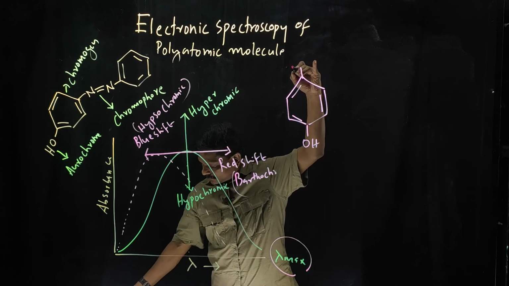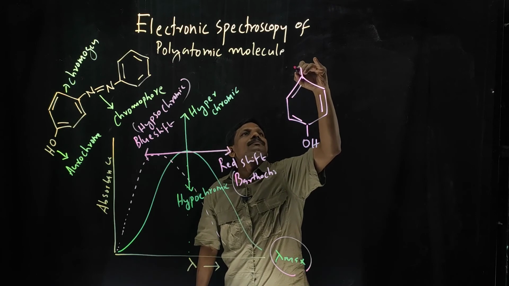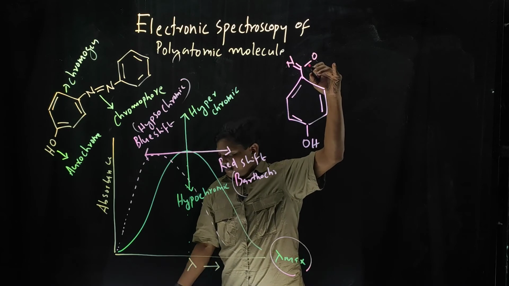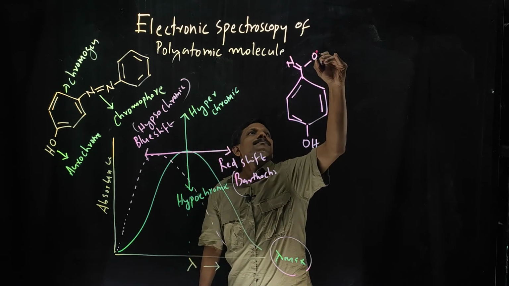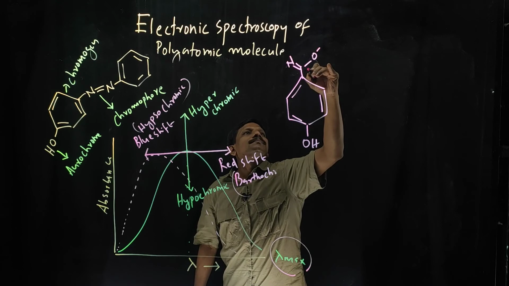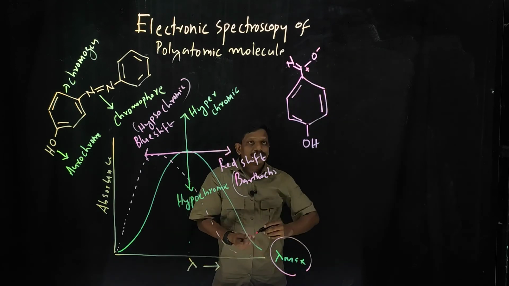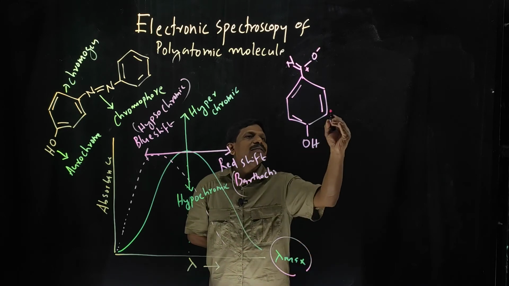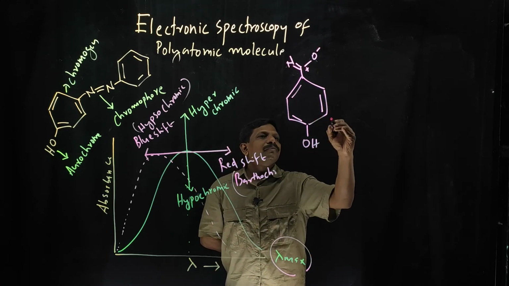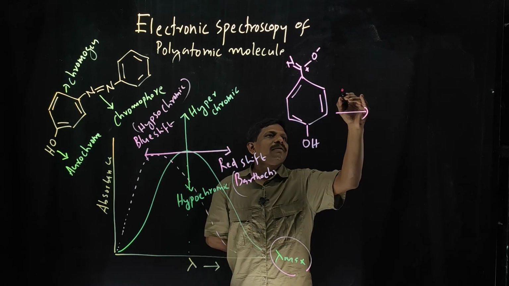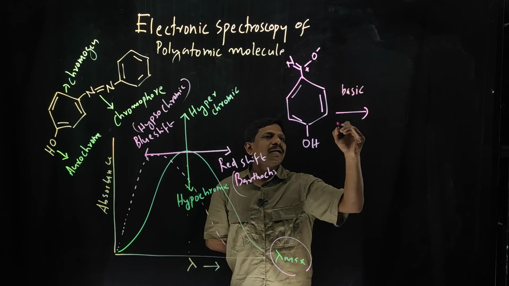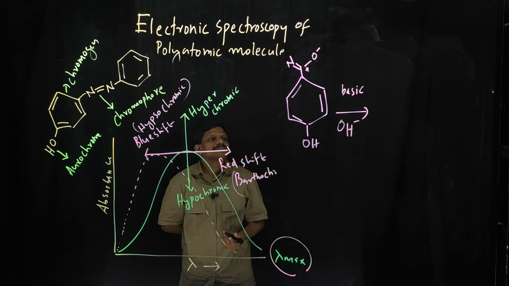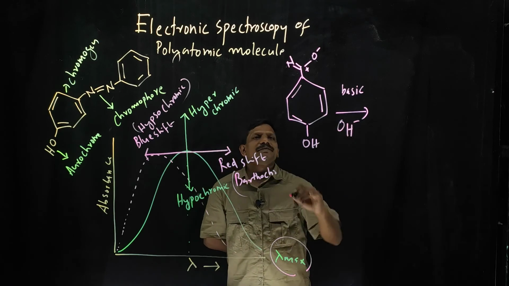Okay, so you see this structure. What happens here? You see this is your OH, and orthonitrophenol under basic or alkaline condition has the influence of OH minus.